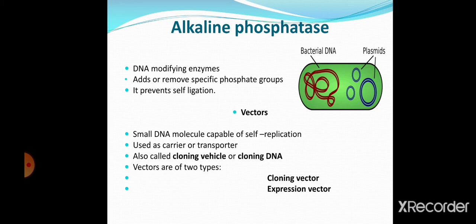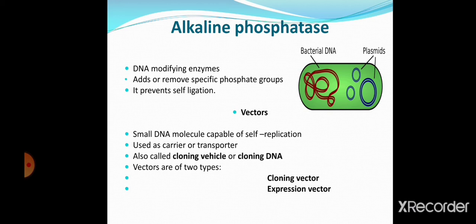This alkaline phosphatase enzyme is a DNA modifying enzyme which adds or removes specific phosphate groups. Thus, it prevents self-ligation. This enzyme is purified from bacteria and calf intestine.